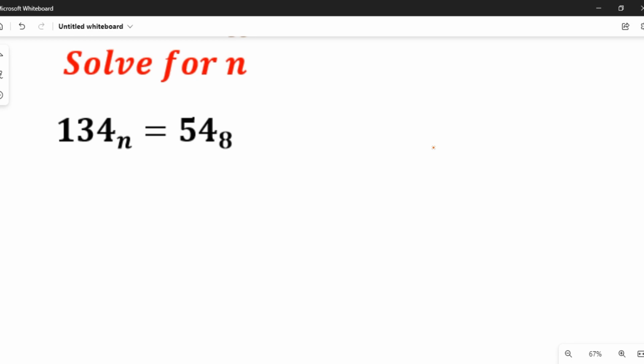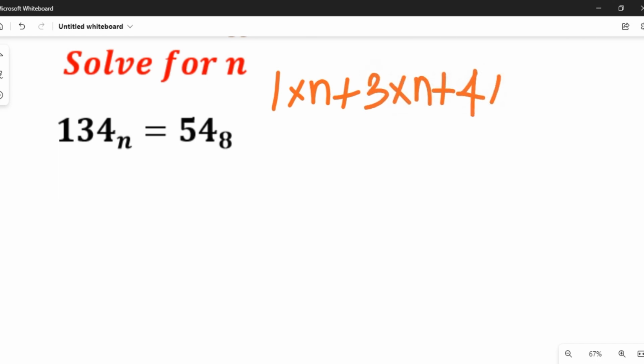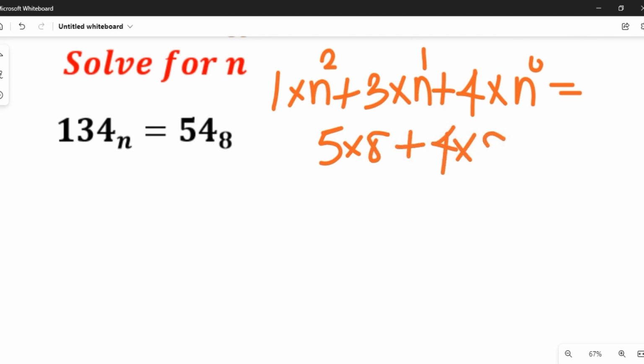In solving a number base equation, 134 will give us 1 times n plus 3 times n plus 4 times n, raised to powers 0, 1, and 2, and that will be equal to 54, which will give us 5 times 8 because it's in base 8, plus 4 times 8, raised to powers 1 and 0. If we simplify this further, that will give us the value.